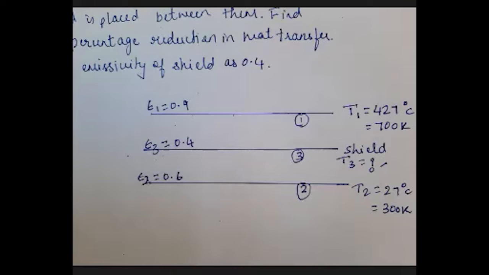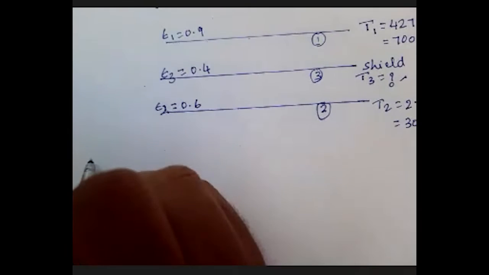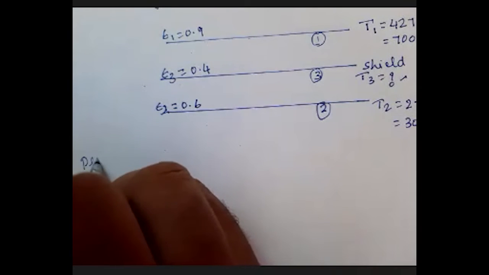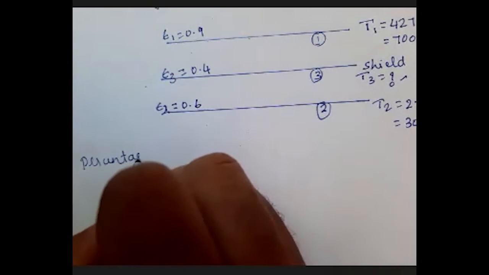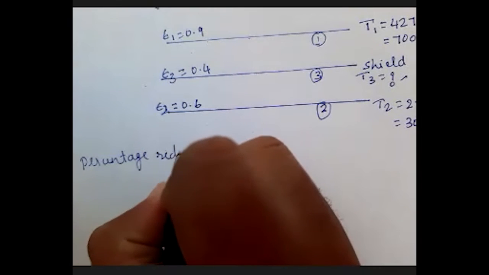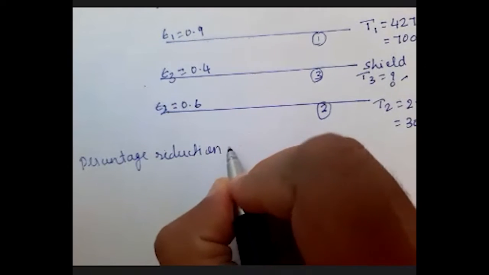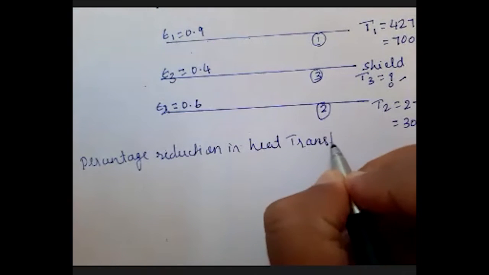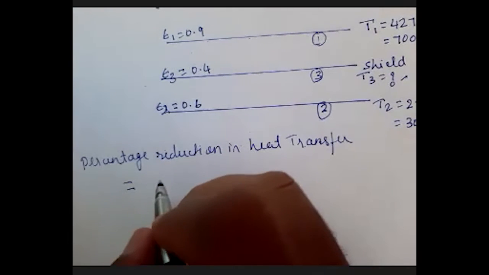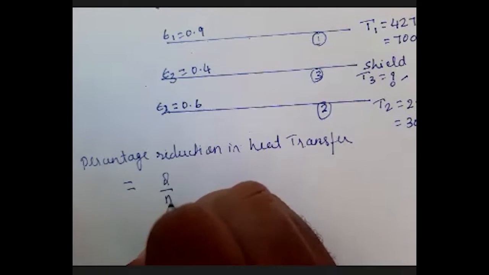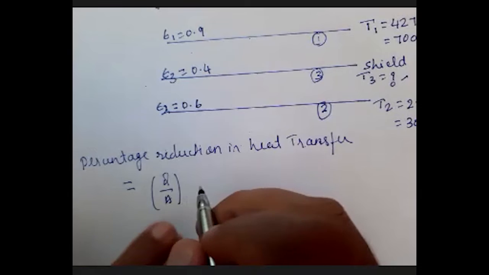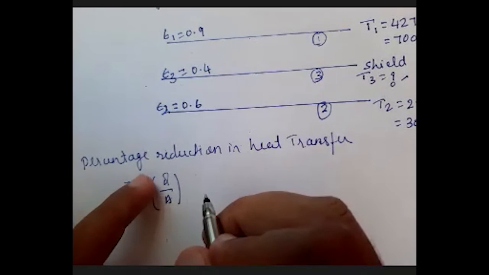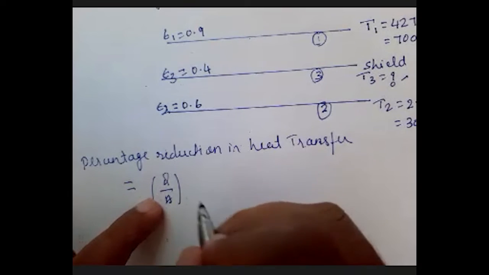So the percentage reduction in heat transfer will be given by the heat transfer rate per unit area. They have asked me to find out the heat transfer rate per unit area.